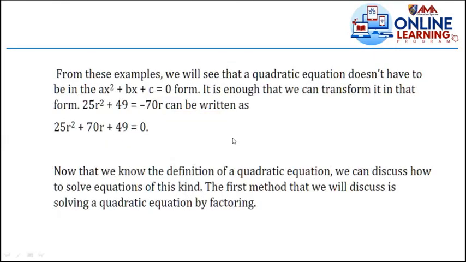From this example, we will say that a quadratic equation doesn't have to be in the ax squared plus bx plus constant is equal to 0 form.